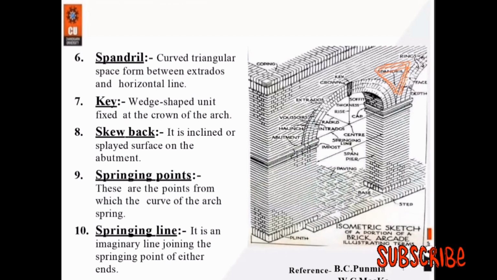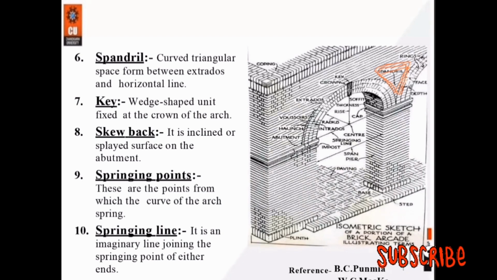Key: the wedge-shaped unit fixed at the crown of the arch. This is the key, in black color. The topmost unit is called key. Skew back: it is an inclined or splayed surface on the abutment.